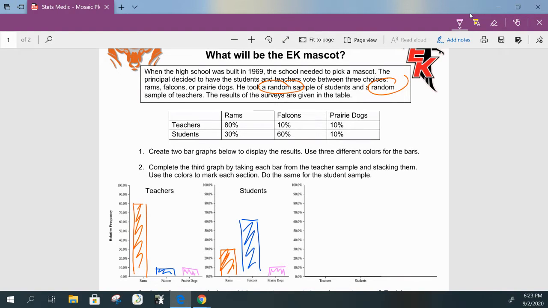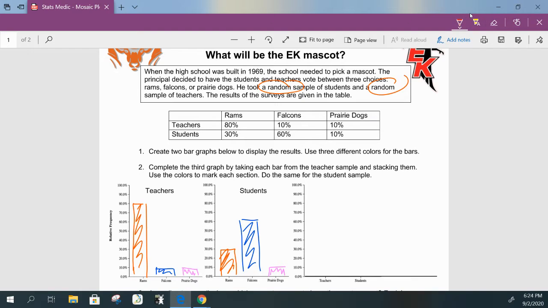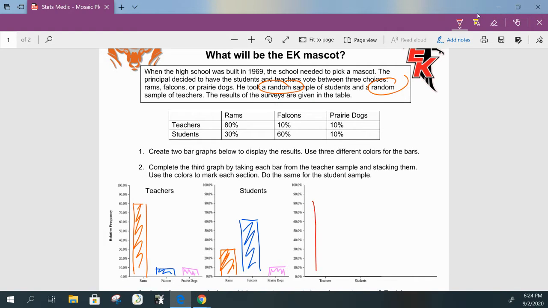Well, we're going to complete what is the stacked bar graph, the segmented bar graph, and we're going to do the teachers. Which would put us at, let's change colors again, 80%. 80% is in red.